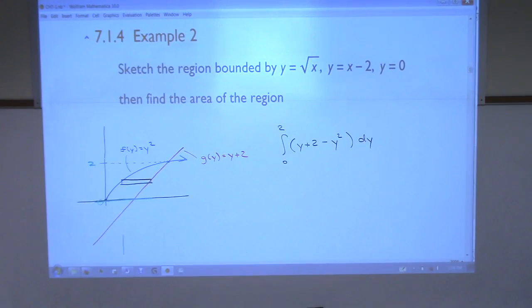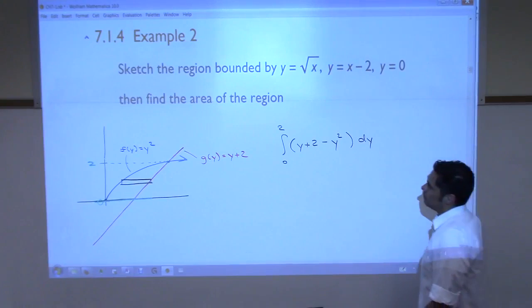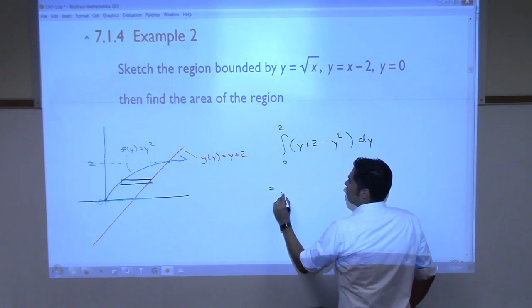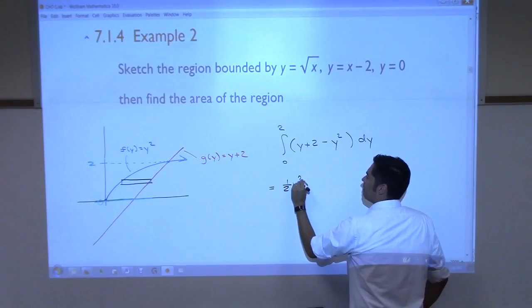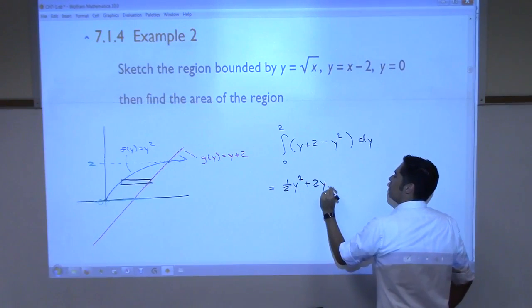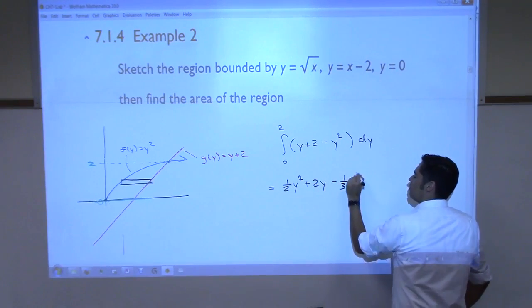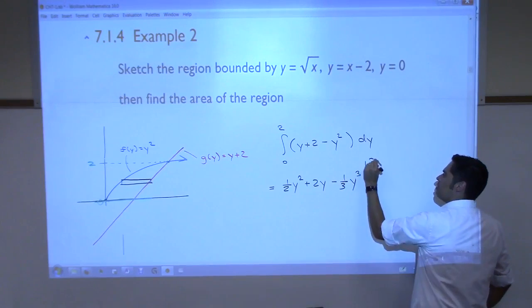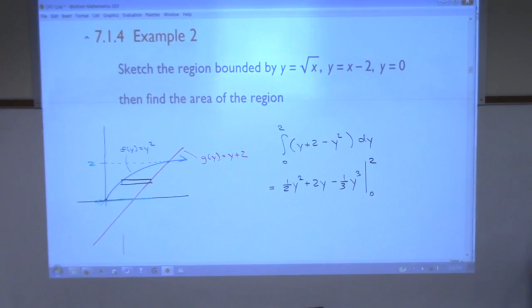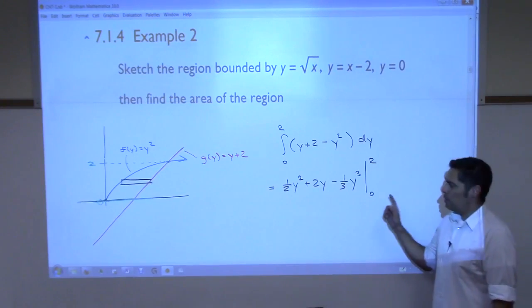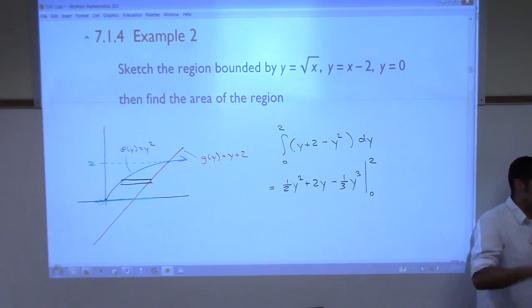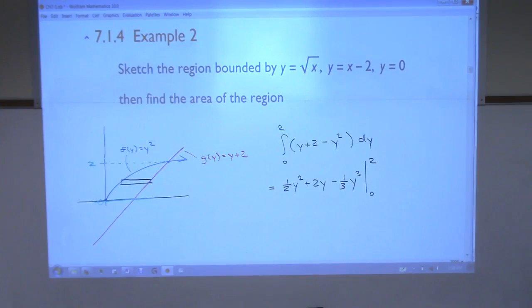And then integrate, plug in. Antiderivative is 1/2 y squared plus 2y minus 1/3 y cubed, evaluated 0 to 2. I already like this better because I'm only going to have to do one evaluation, and plugging 0 in is going to be easy, right? 0 is going to kill everything off.